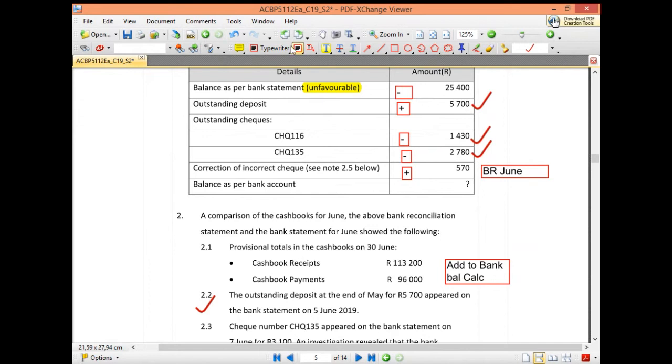If you add all of that together, you should get to a negative amount of 23,340. That is what the opening balance was based on the May information. So that is a portion of answering question 1. Now let's go through the rest of the information and see how we need to adjust it.